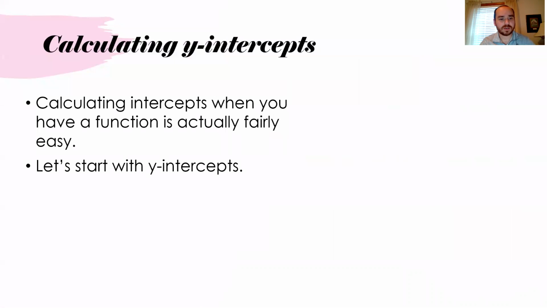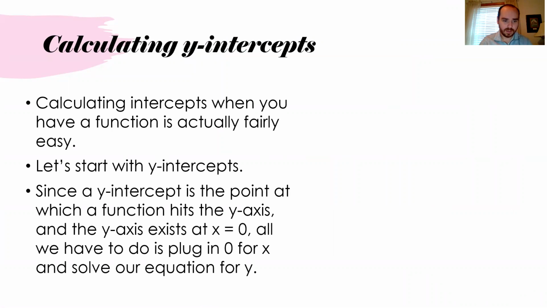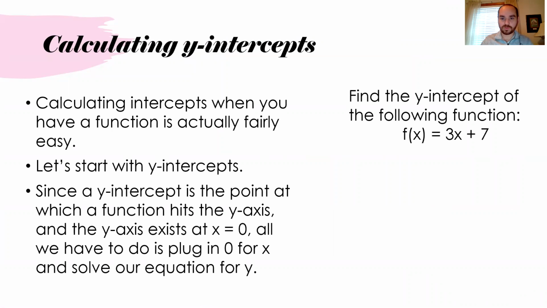Calculating the y-intercepts when you have a function is pretty easy. Since a y-intercept is the point at which a function hits the y-axis, and the y-axis exists at x equals 0, all we have to do is plug in 0 for x to solve our equation for y. So for instance, if we have the function f of x equals 3x plus 7, and we want to solve for the y-intercept, all we have to do here is plug in a 0 for this x.